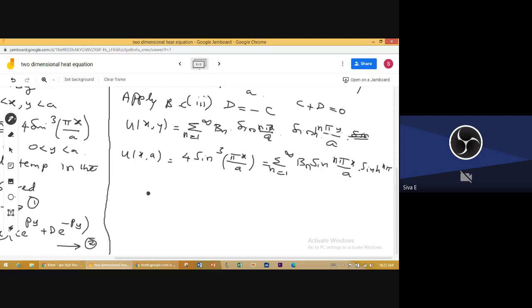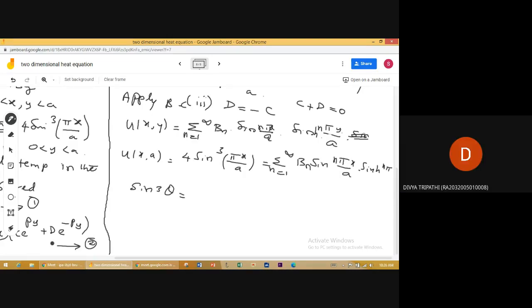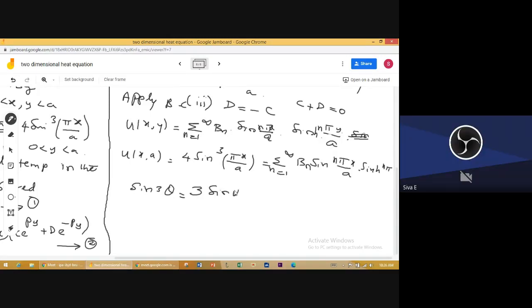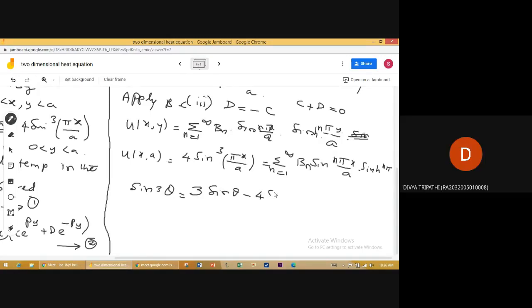What is sin cube theta? What is sin 3 theta? Anybody? Nandini Devi. Sir, sin 3 theta is 3 sin theta minus 4 sin cube theta.